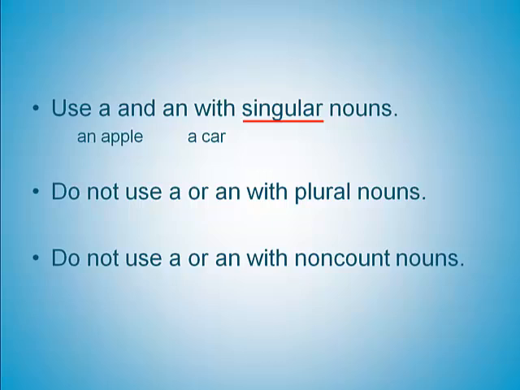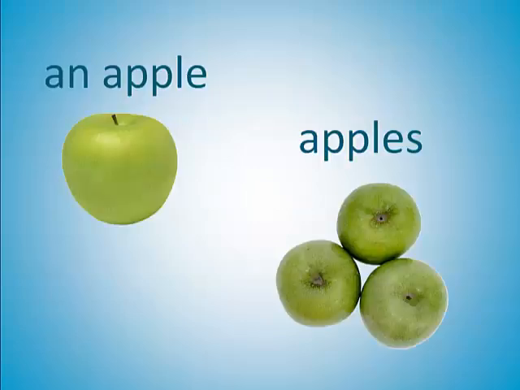We do not use a or an with plural nouns, more than one of something. And we do not use a or an with non-count nouns. Remember that count nouns are things we can easily count, like apples. 1 apple, 3 apples.